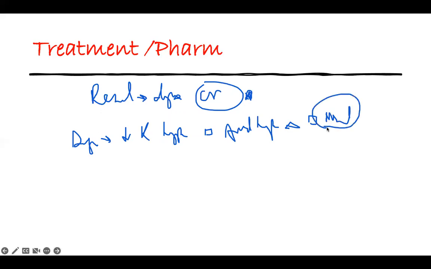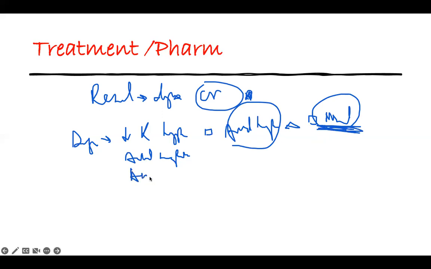So if they ask you a question, somebody on digoxin, what should you do? Make sure to avoid hypokalemia. Avoid it. Don't make them hyperkalemic. Make their potassium normal. So ensure that they are potassium normal.